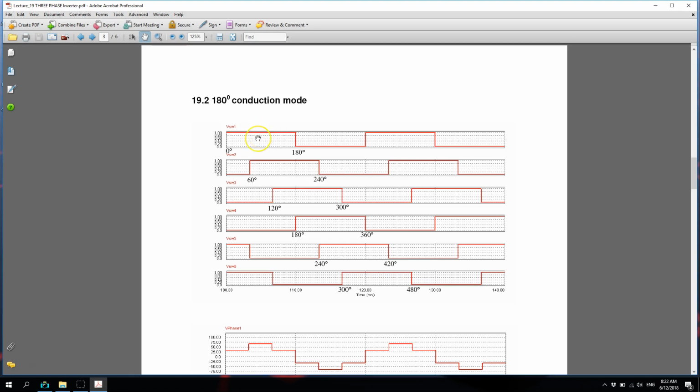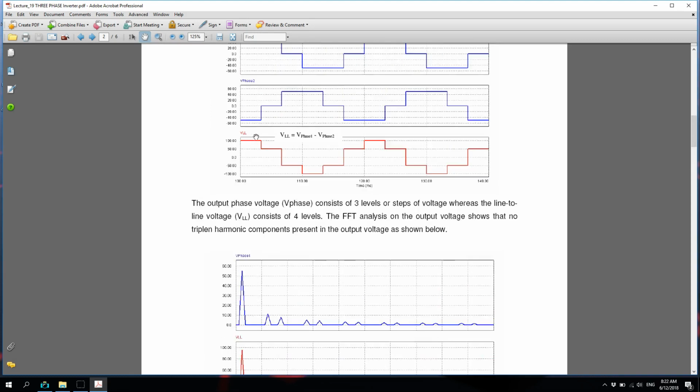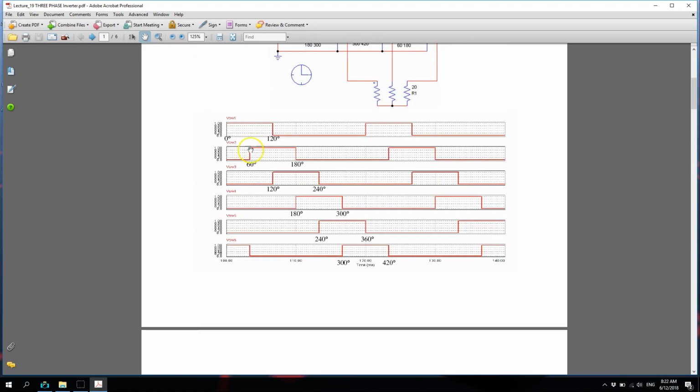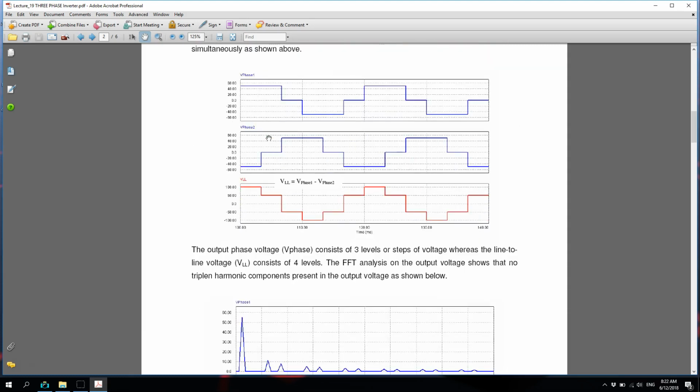But now we have to make some modifications to the control signals. In the 120 degree conduction mode, the switch is on from 0 to 120 degrees.